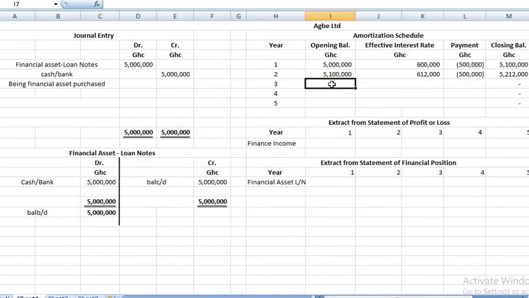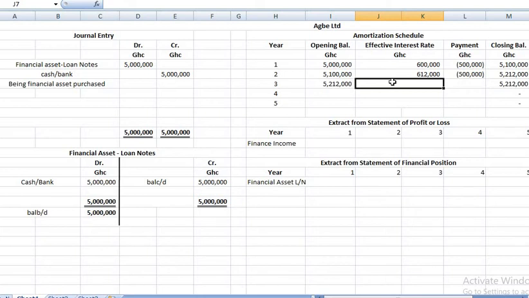So we'll have 5,212,000 as our opening balance in year 3.